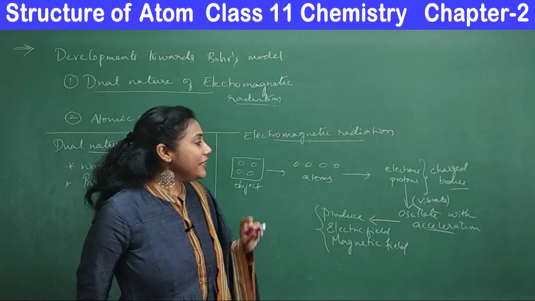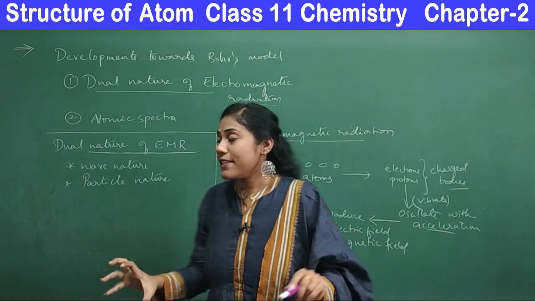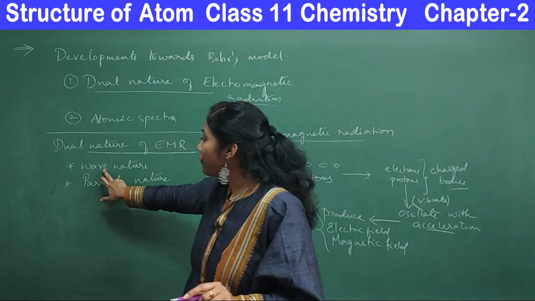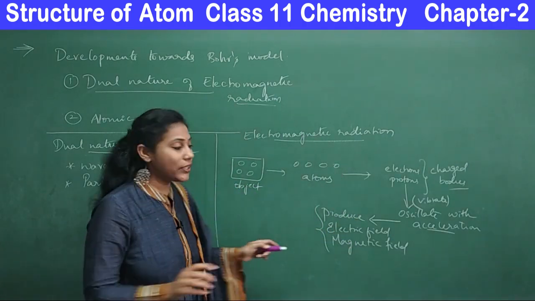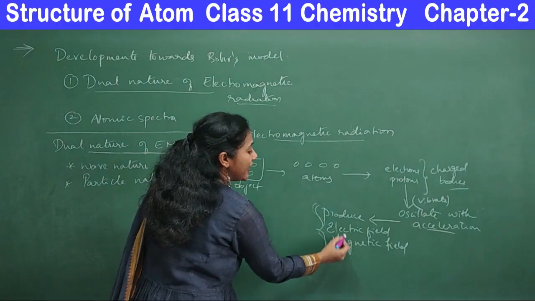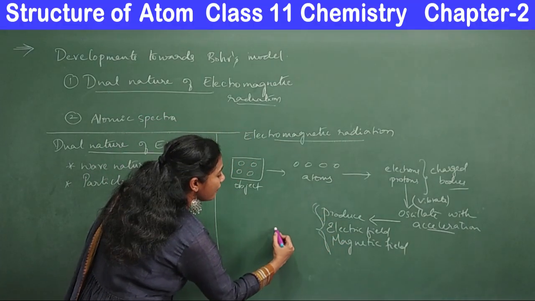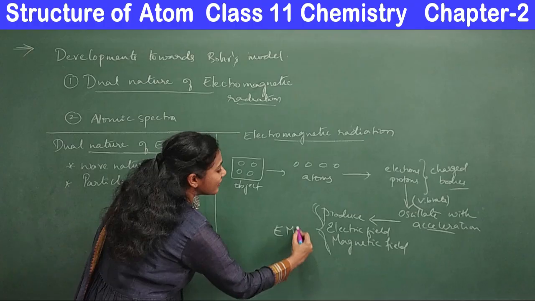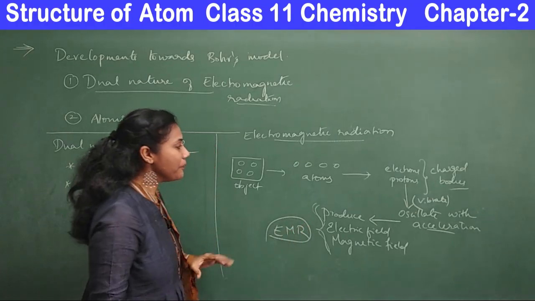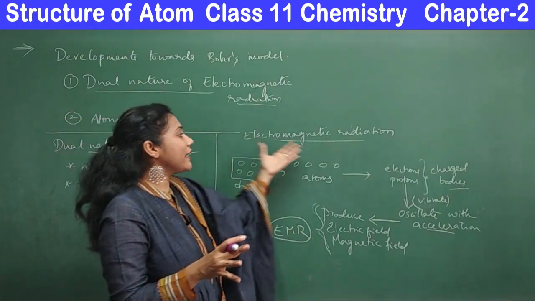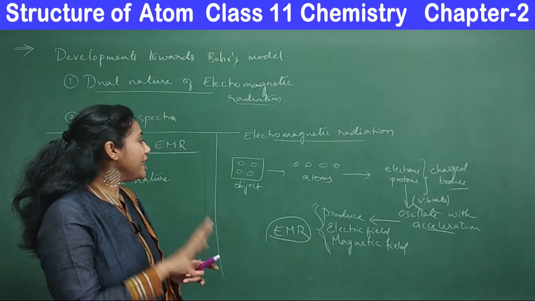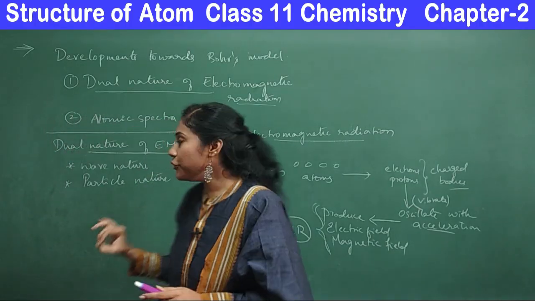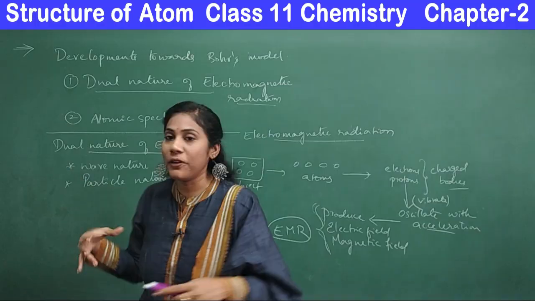Now in this class, we mainly discuss the wave nature of electromagnetic radiation. This combination of electric and magnetic field itself we call electromagnetic radiation. Is that clear? I hope how electromagnetic radiations are produced is very clear for you. Now we will go for how they travel in the form of a wave.